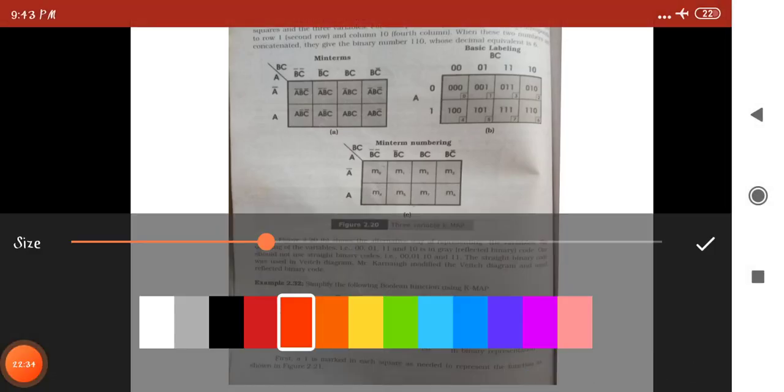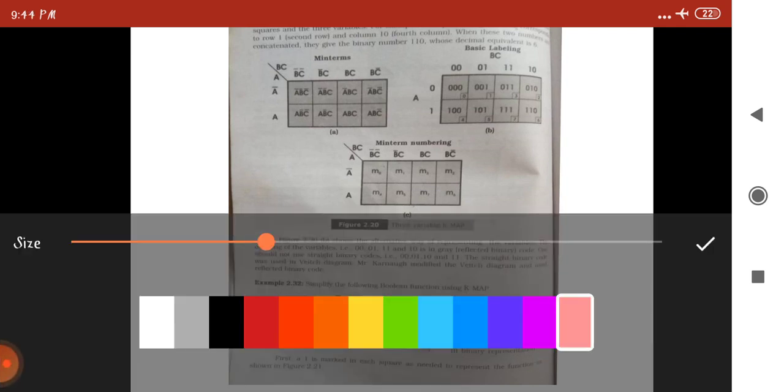How can we take the truth table? 8 numbers will come for that one. Like the octal numbers truth table, you have done it before, right? Can we see that one?